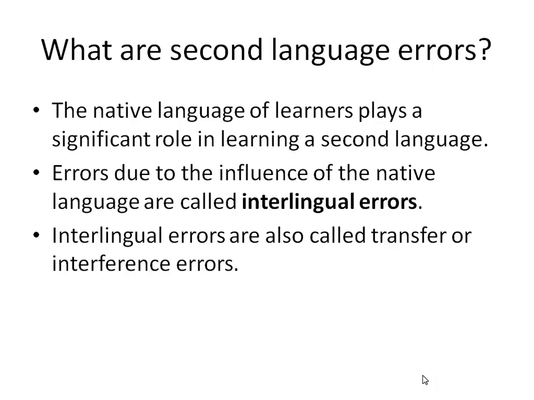And interlingual errors are also called transfer or interference errors. Most probably in the previous class we talked about UG, universal grammar, and also transfer.